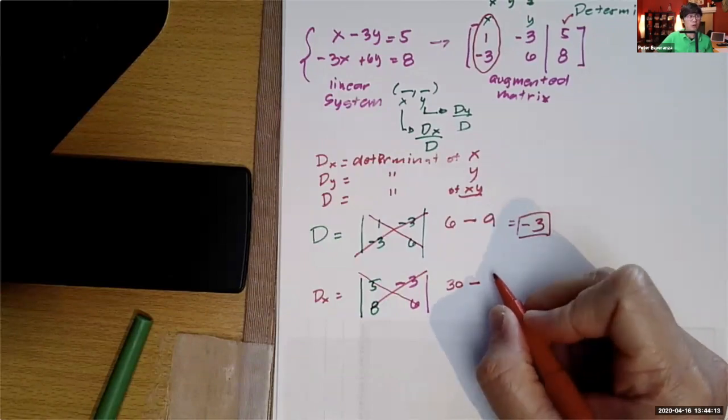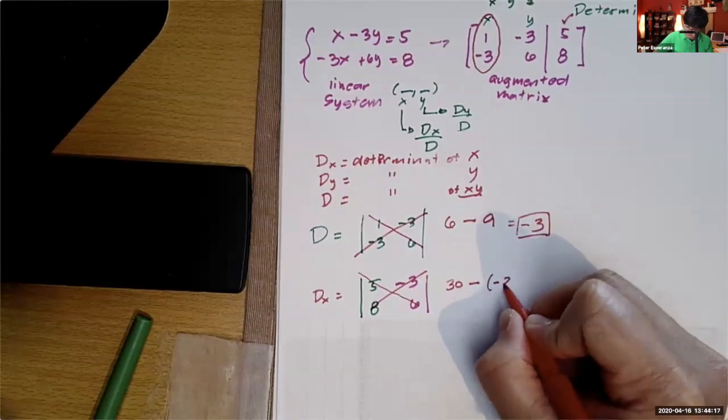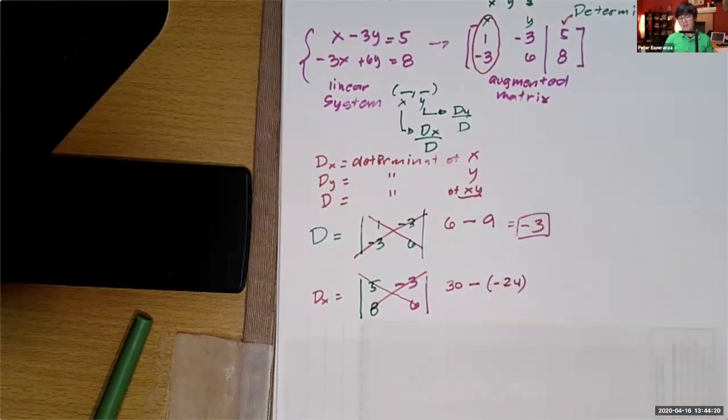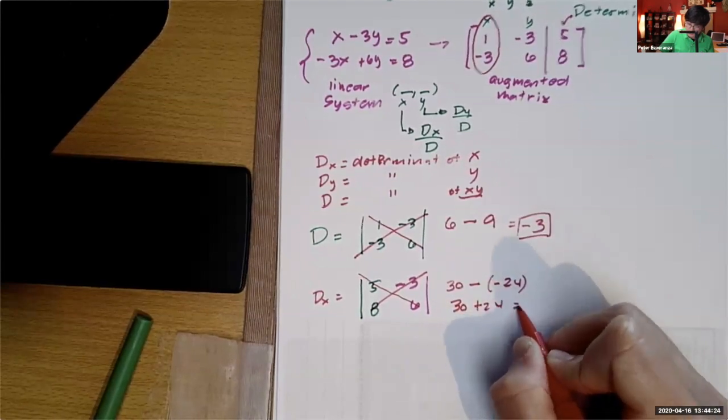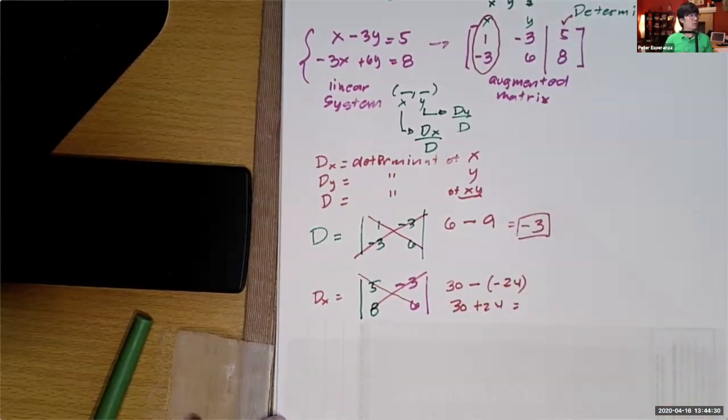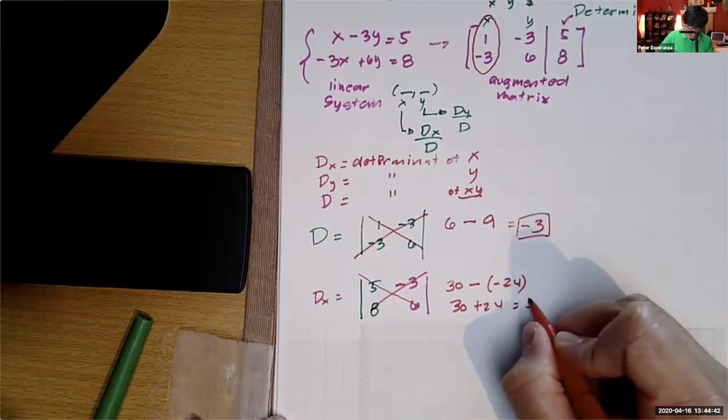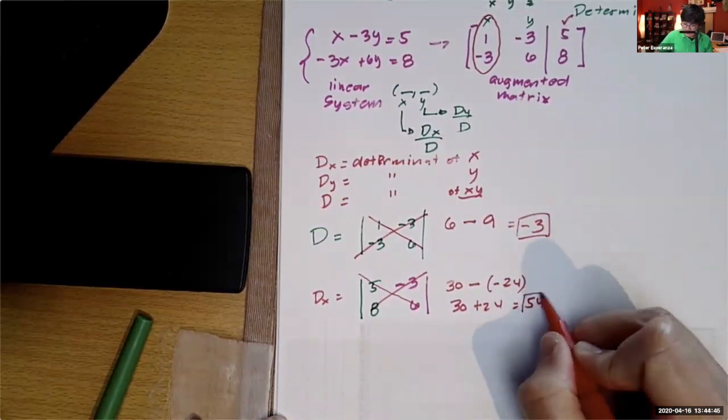Negative 24, right? So now we have 30 minus negative 24, which is 30 plus 24. And what is 30 plus 24? 54. Let me just look at the chat box. 54. All right, so now we have 54.